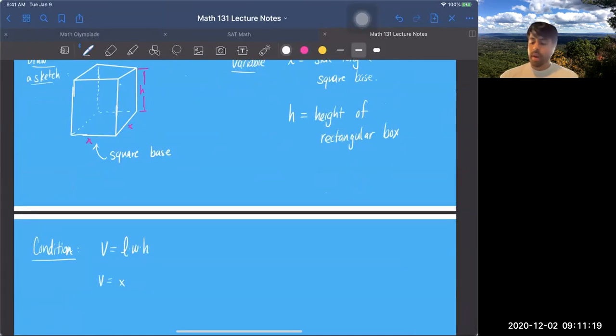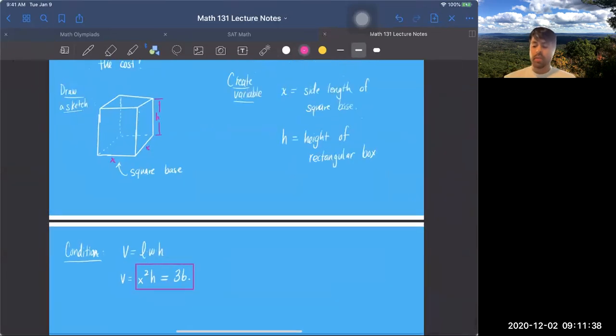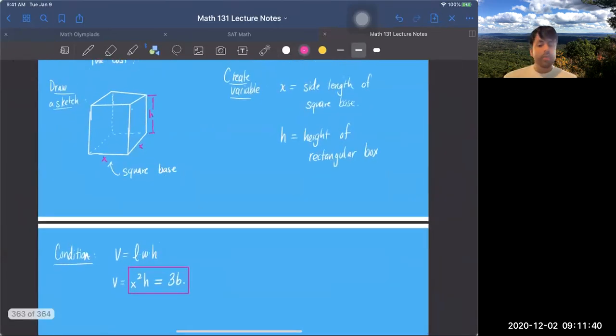So x squared times the height must equal what? 36. That's my restriction. X squared times height equals 36 cubic inches. That doesn't change. That's fixed.